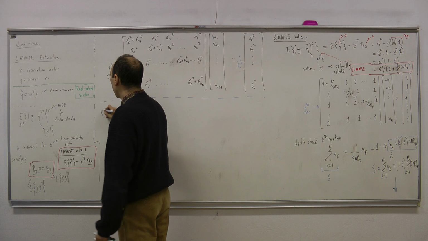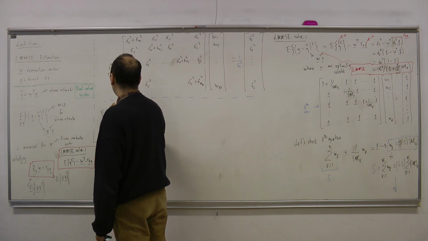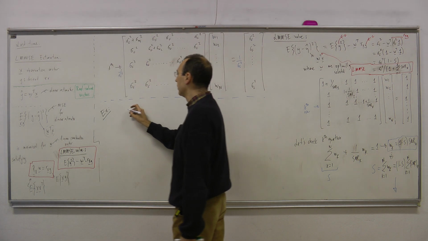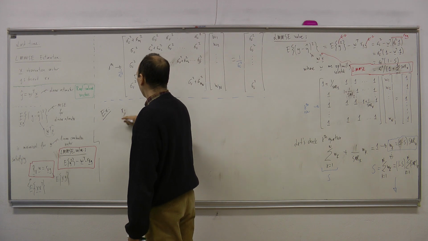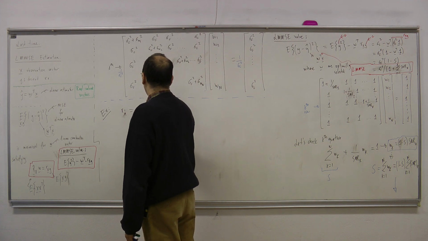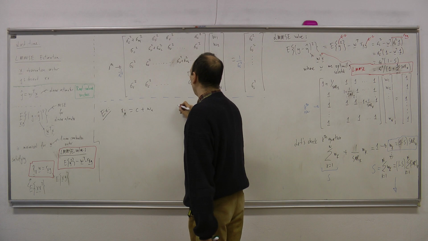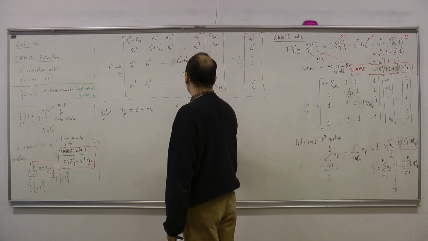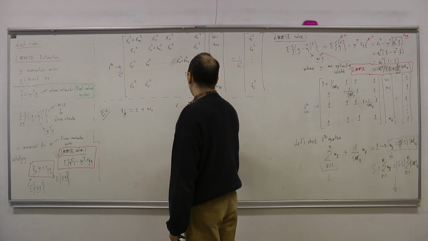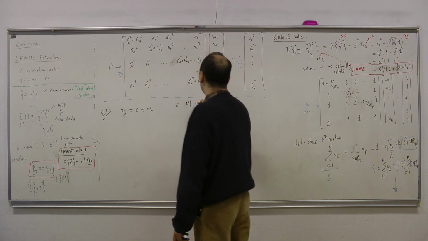So let me have a second example, but it's very closely related. Now x of n is c plus w of n, but c is, let's say, non-zero mean. C is, let's say, Gaussian distributed.